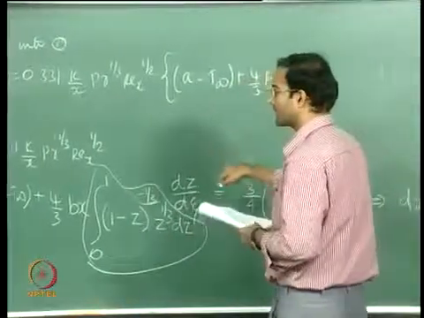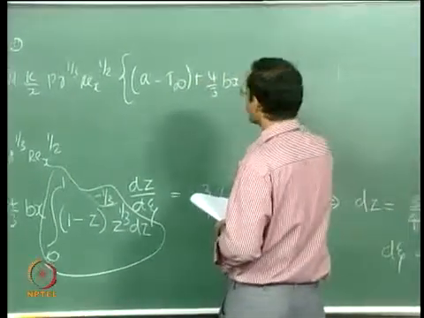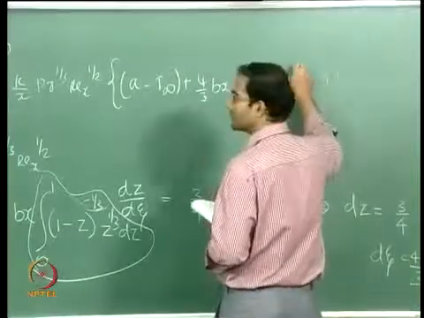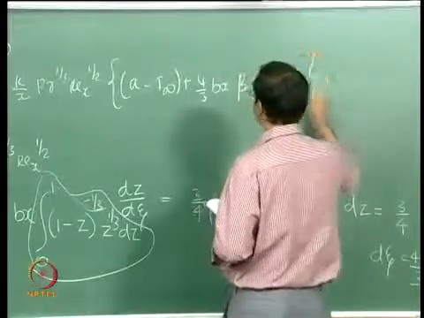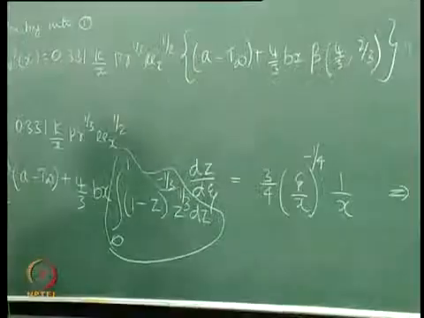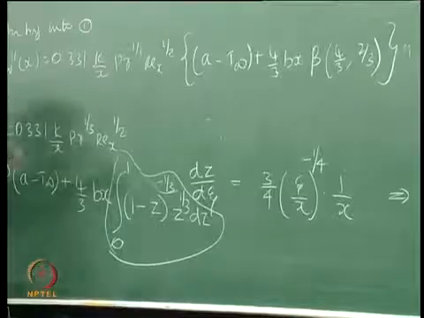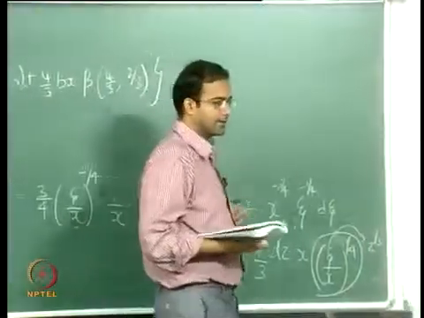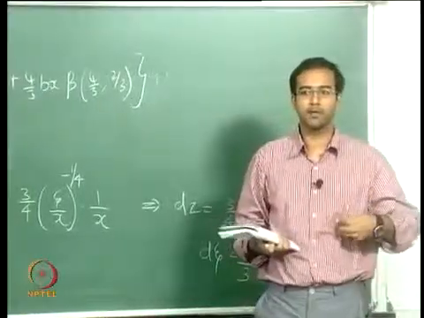This entire integral is the beta function, with parameters 4 by 3 comma 2 by 3. So the integral is replaced by the beta function. And why do we need to write this in terms of the beta function? Because beta functions are tabulated.